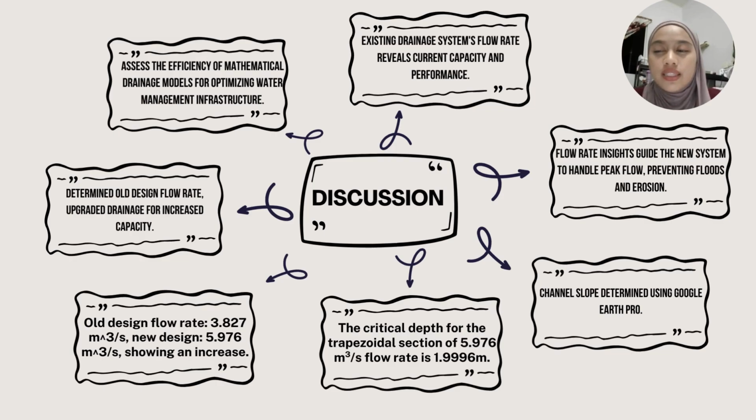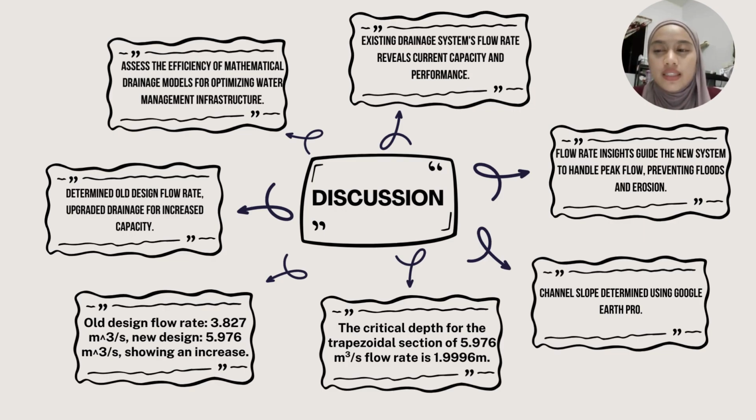The flow rate of the existing drainage system provides baseline information about the current capacity and performance of the system. Next, the flow rate provides insights into the peak flow rates and volumes that the new system should be able to handle, because this is crucial to prevent flood and erosion.